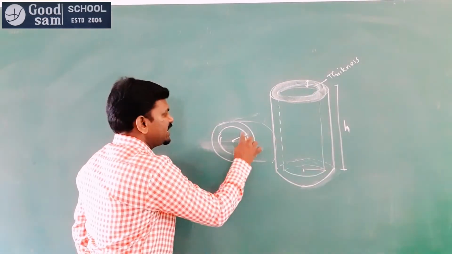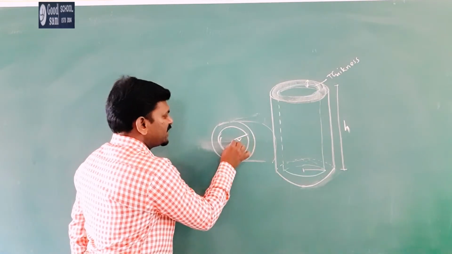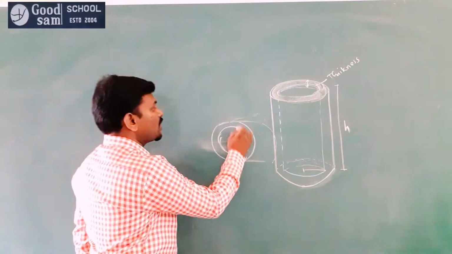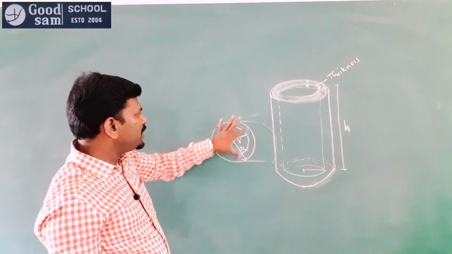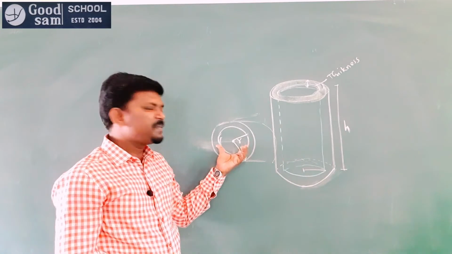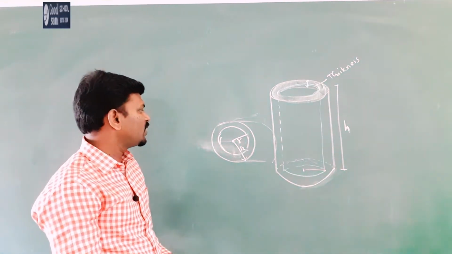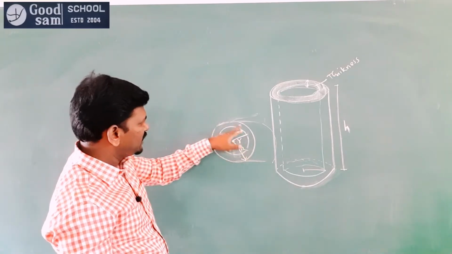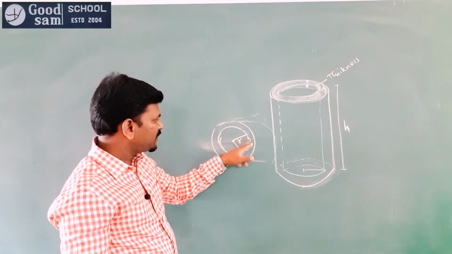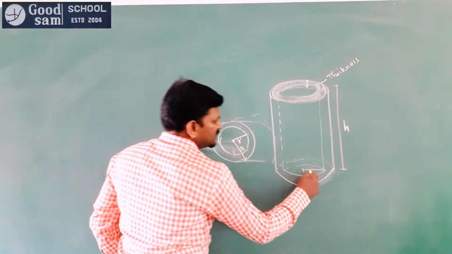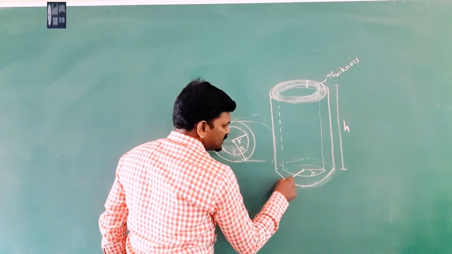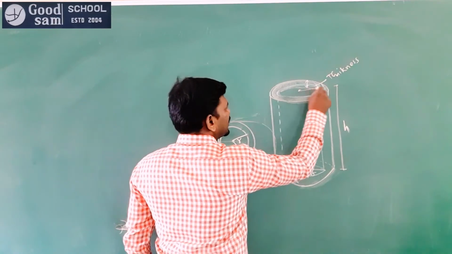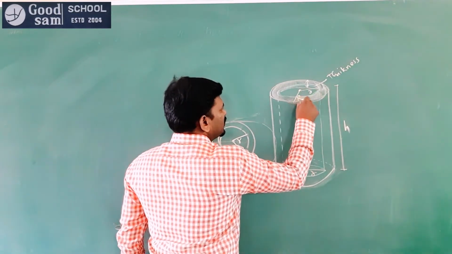This is the inner radius and this is the outer radius. This is the top view and the bottom view of the hollow cylinder. This will be empty space, this is thickness, and from the center, this is the inner radius and this is the outer radius.